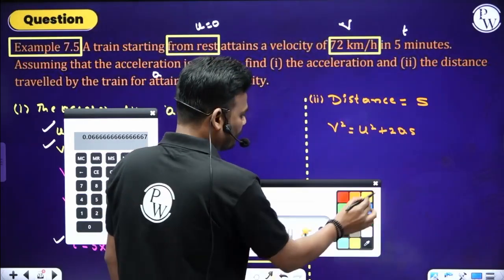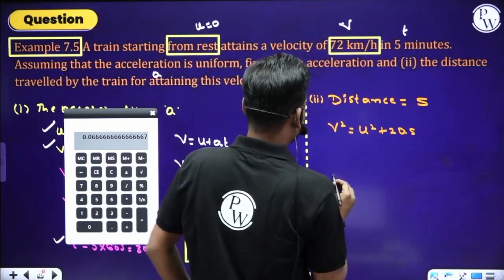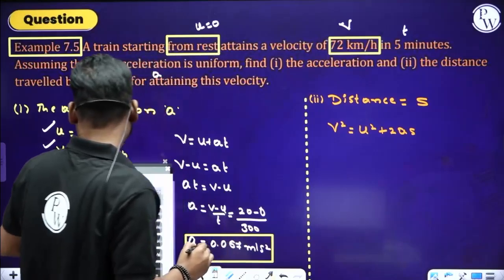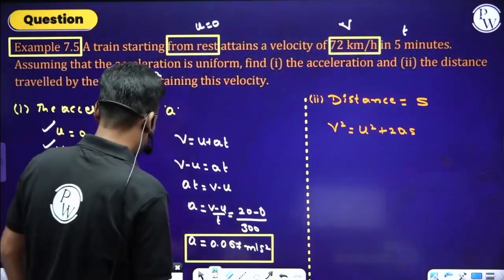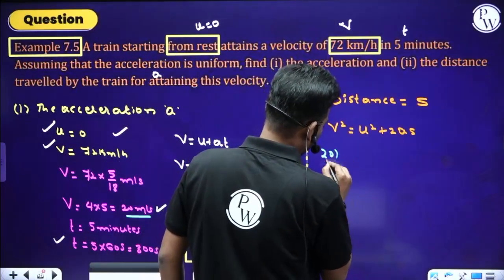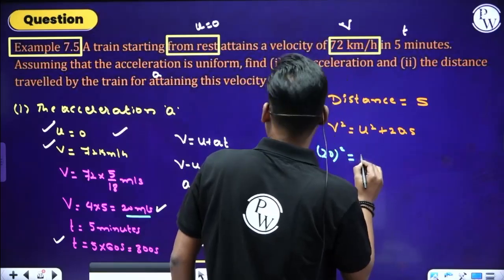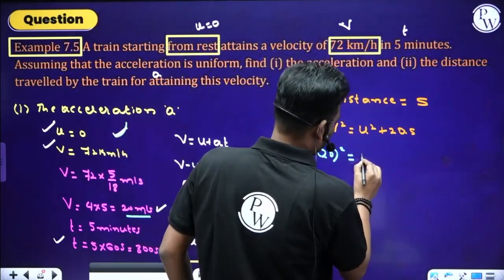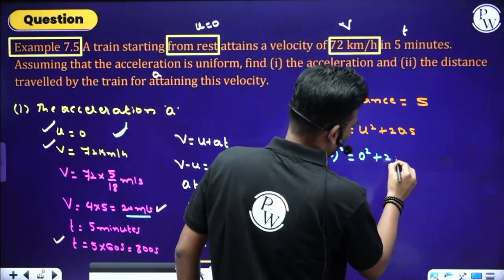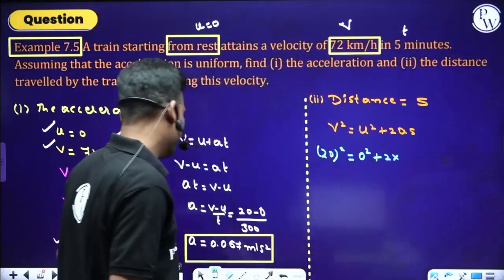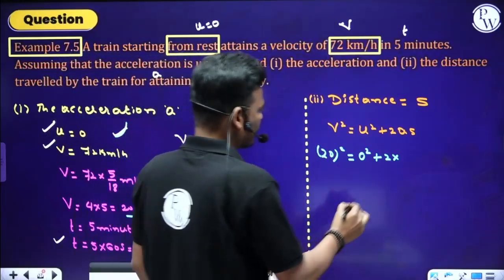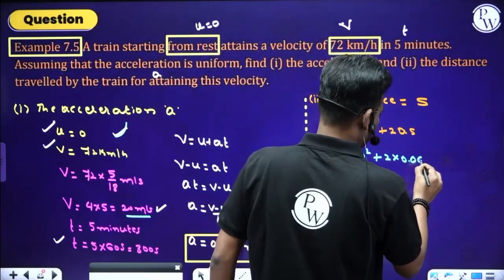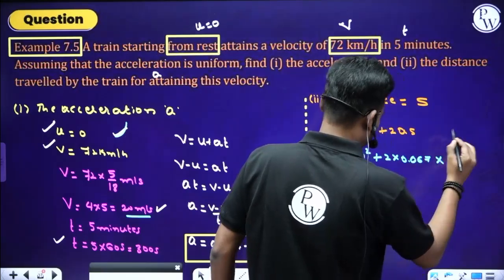Now substitute the values. V is 20 meter per second, that means 20 whole square, equals u square, that is 0 whole square, plus 2a. The a value you already know, that is 0.067, into displacement.